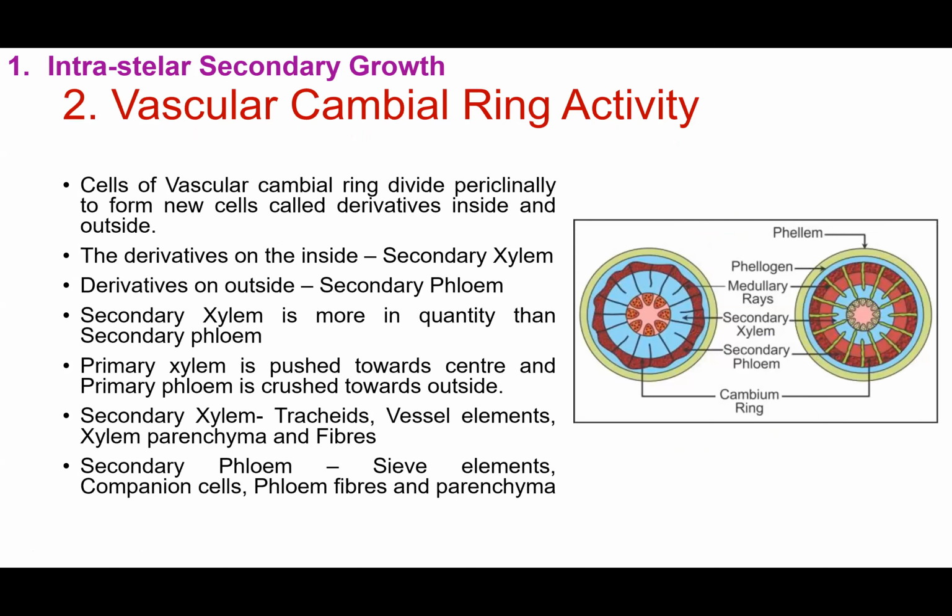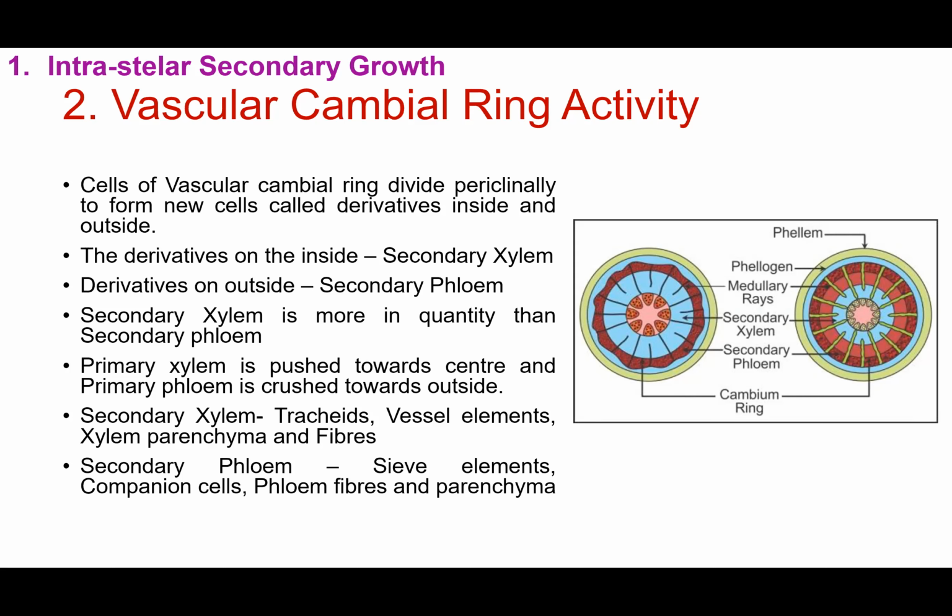So now after the ring is formed, it starts showing activity. The vascular cambial ring cells divide periclinally. We saw the difference between anticlinal and periclinal. Periclinal helps in increasing the number of layers, whereas anticlinal helps in the increase in number of cells of the same layer, right?